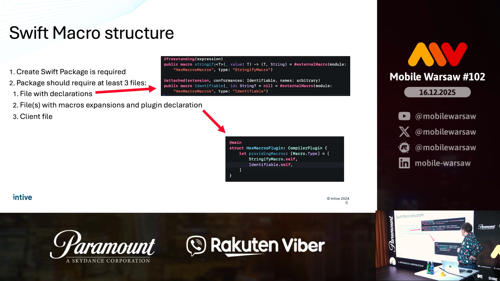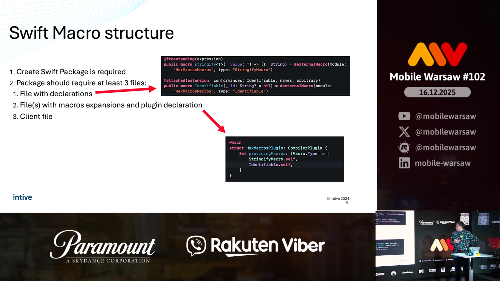Files with macro expansions and plugin declaration. Files with macro expansion are basically the implementation of the macro. And the last one, but not the least important, truly, is a client file, which is executed if we, for example, run this macro in Xcode.